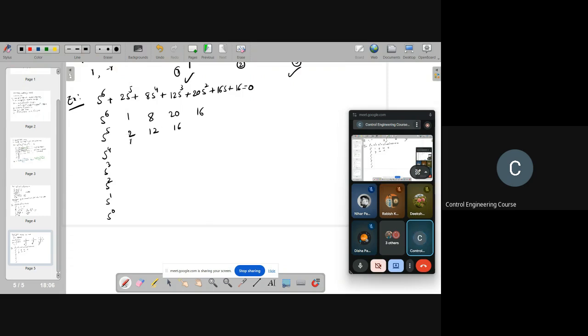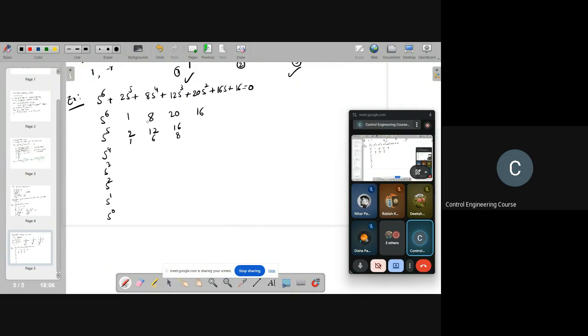Like we can divide the entire row by 2, and we can compute the routh array. There won't be any difference. I'm replacing this one with 168 for ease of completion. Then we complete this.